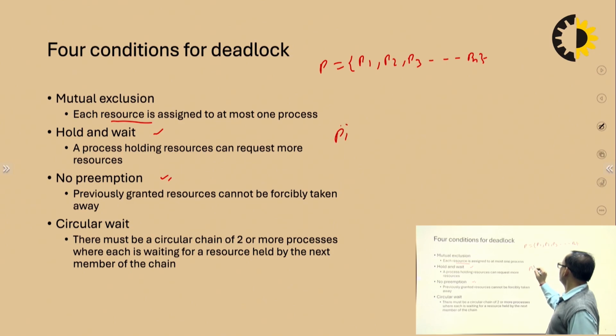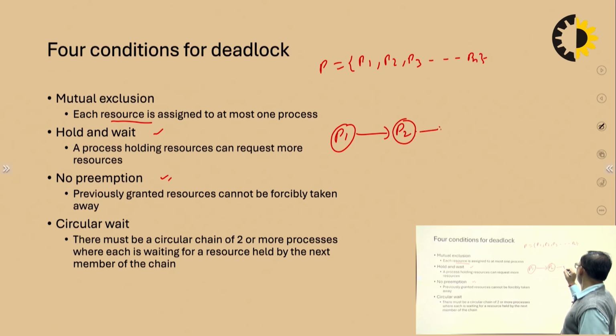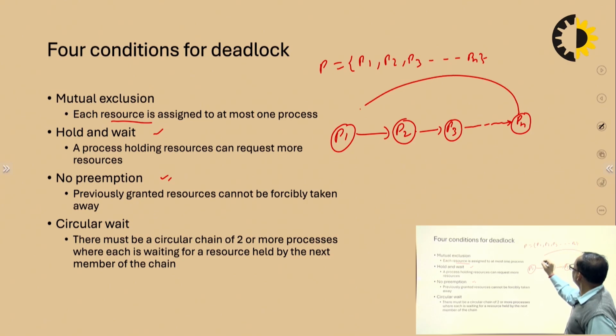Process P1 is waiting for a resource held by process P2, and P2 is waiting for a resource held by P3, and so on. In the same way, process Pn-1 is waiting for a resource held by process Pn, and again Pn is waiting for a resource held by process P1.